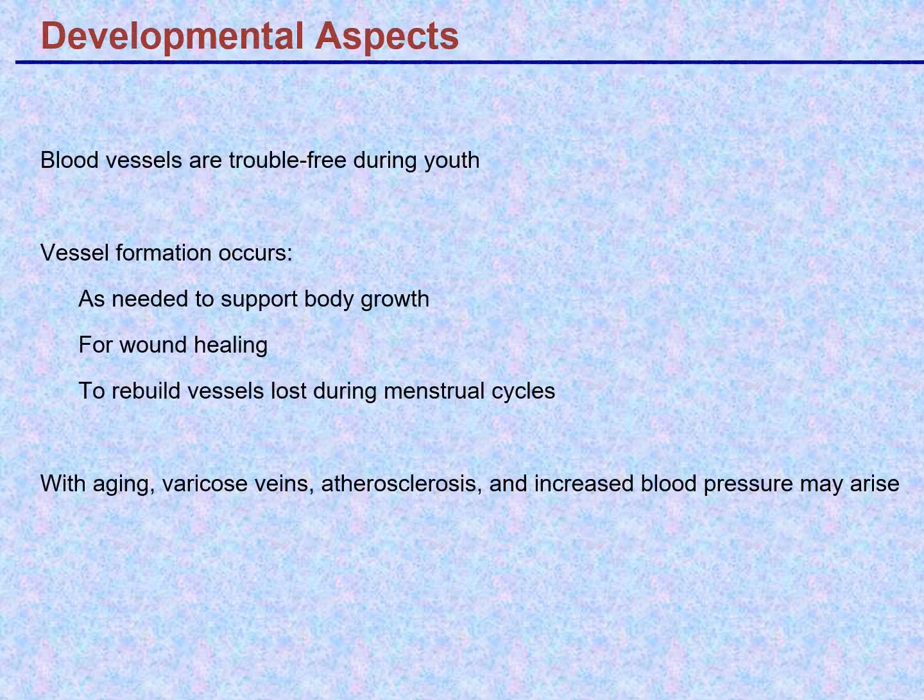Blood vessels typically in youth, in young people, are nice, trouble-free things. The formation of blood vessels occurs in order to support the growth of the body, wound healing, and rebuilding muscle. Vessel formation does occur somewhat, only to any significant extent in females during the menstrual cycle.